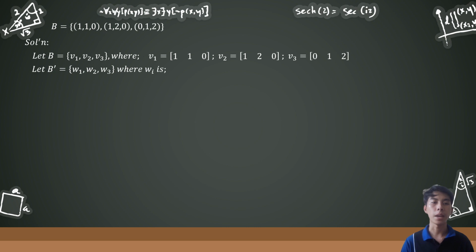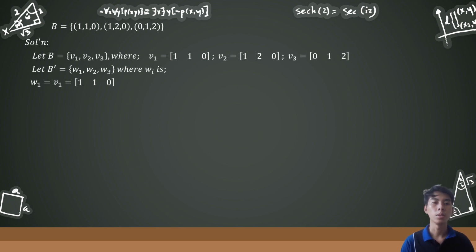And we let B prime be the set of new vectors w sub 1, w sub 2, and w sub 3, where, just like what we did earlier, we simply use the theorem that Gram-Schmidt gave. So w sub 1 is equal to v sub 1, which is the vector (1, 1, 0).